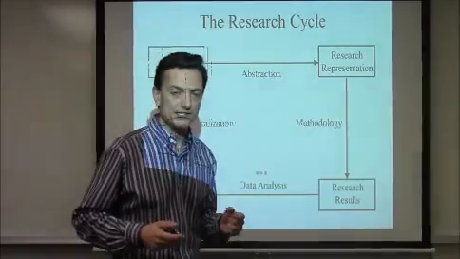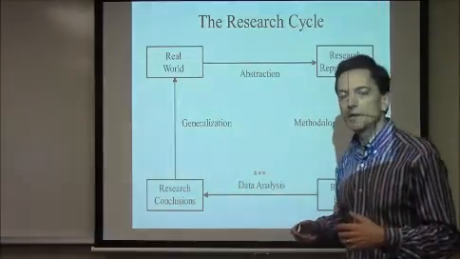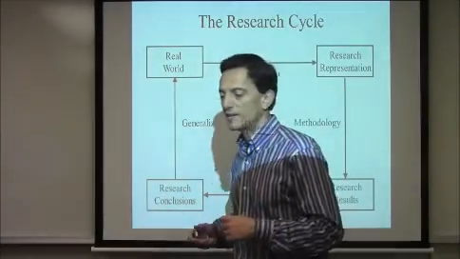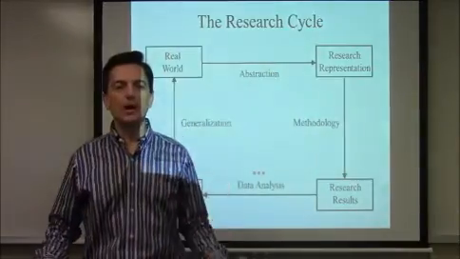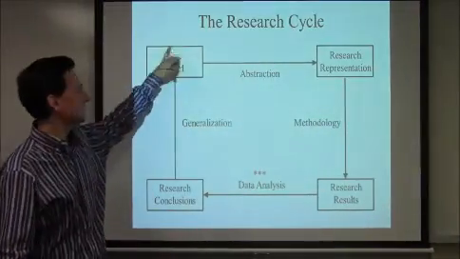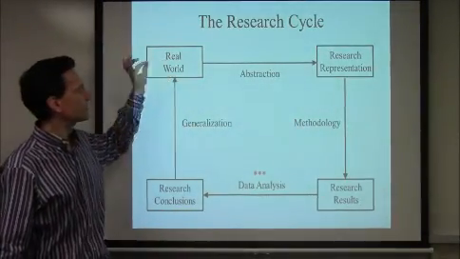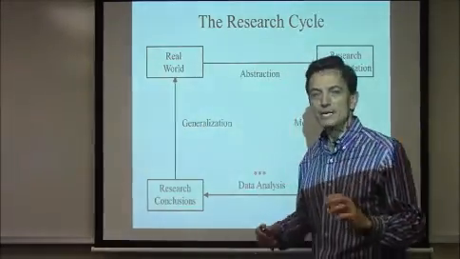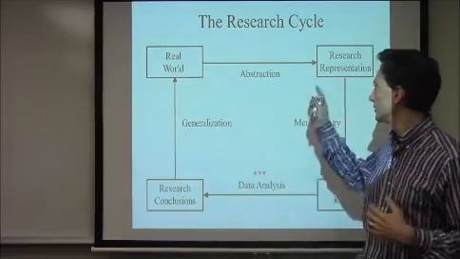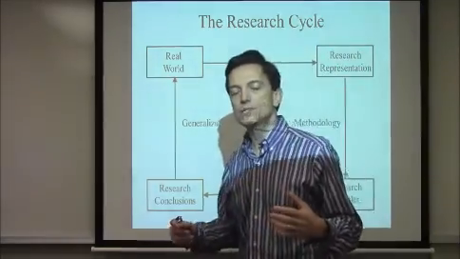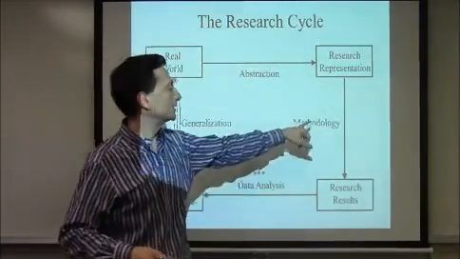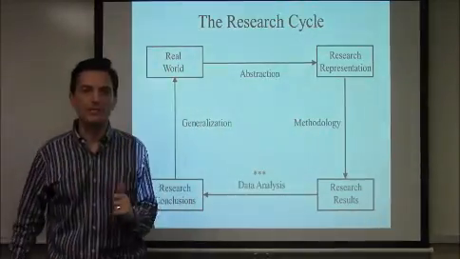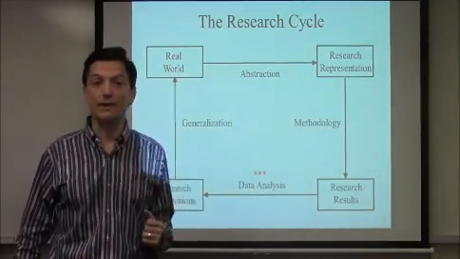And to put this into context, you'll recall that we always want to understand where we are in the research cycle. We have these four different quadrants in our research cycle, starting out with some real-world phenomena, and we abstract from that by using operational definitions and by using sampling to get to a more manageable research representation. And then we might use any of three broad methodological categories, including experimentation, observation, or survey methods.